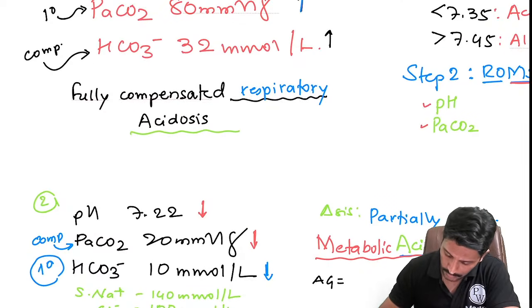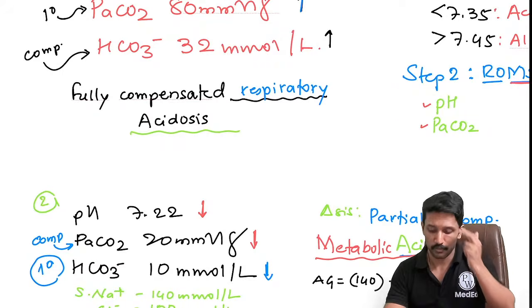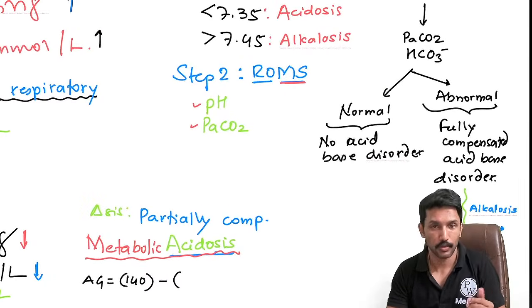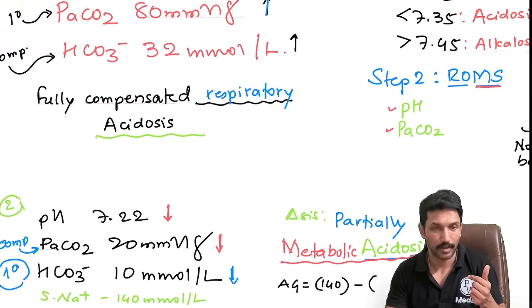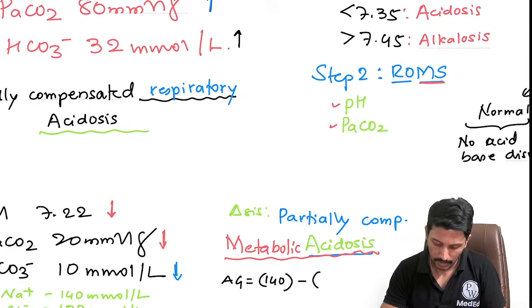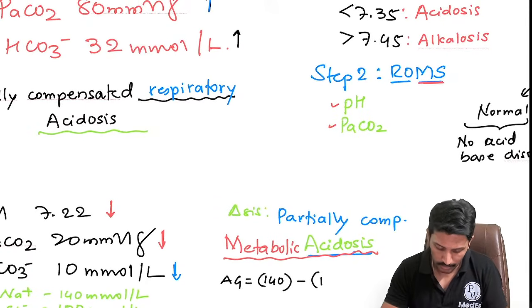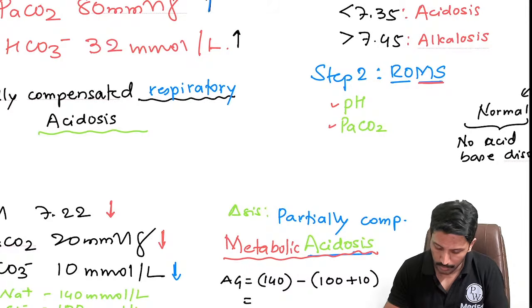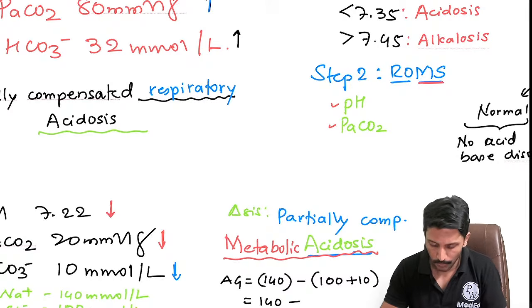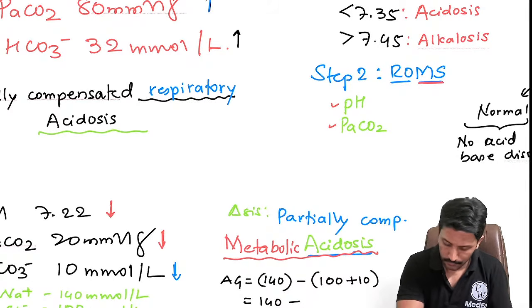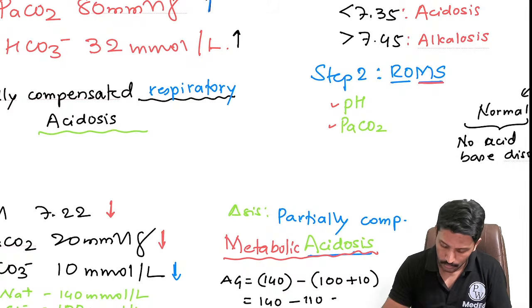Anion gap now is sodium, which is 140, minus the negative ions, chloride and bicarbonate. Chloride is 100 plus bicarbonate 10. So that becomes 140 minus 110. So the gap here is 30.